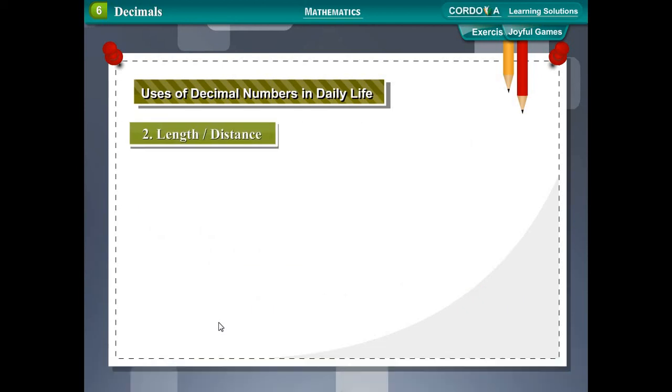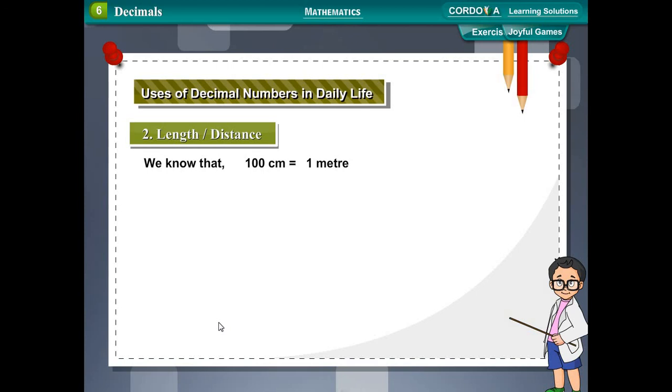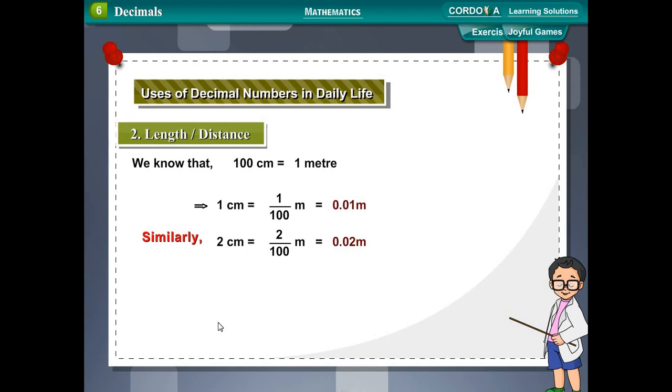Length, distance. We know that 100 centimeters is equal to 1 meter. This implies 1 centimeter is equal to 1 upon 100 meters, which is equal to 0.01 meters. Similarly, 2 centimeters is equal to 2 upon 100 meters, which is equal to 0.02 meters. Mass, weight.